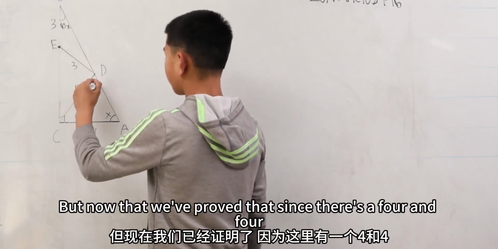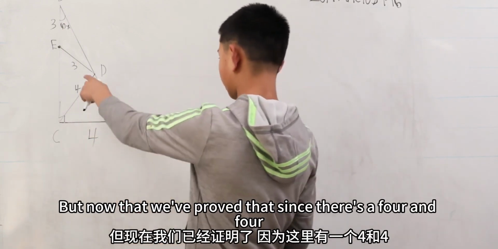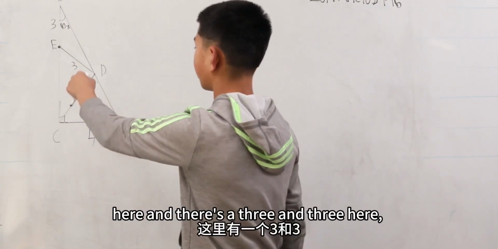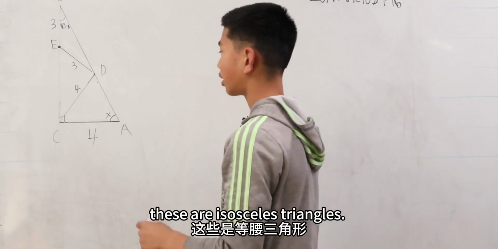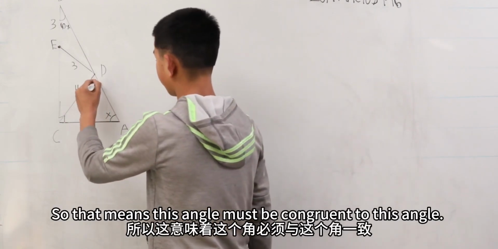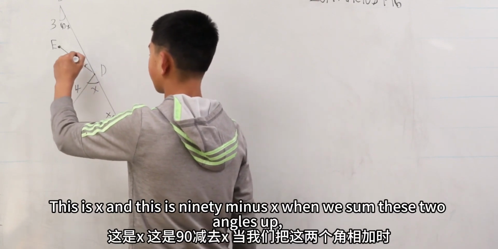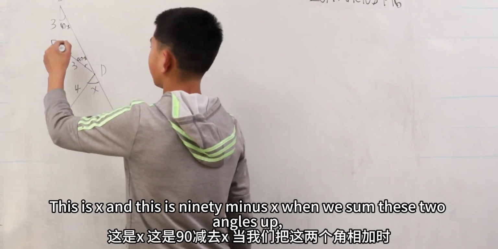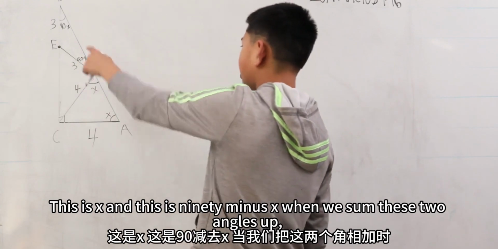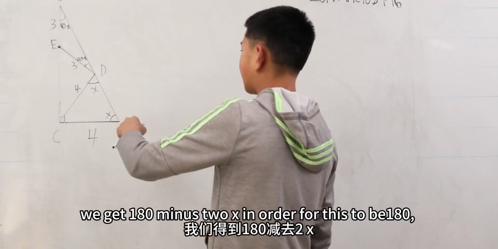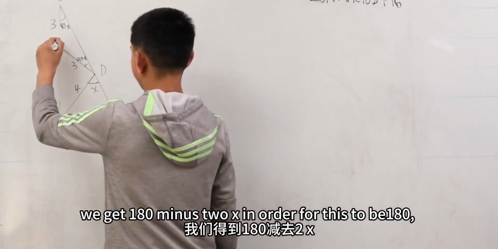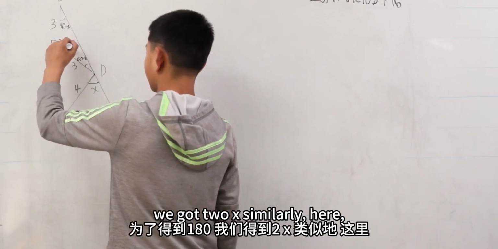But now, since there's a 4 and 4 here, and there's a 3 and 3 here, these are isosceles triangles, so that means this angle must be congruent to this angle. This is X, and this is 90 minus X. And when we sum these two angles up, we get 180 minus 2x. So in order for this to be 180, we got 2x.